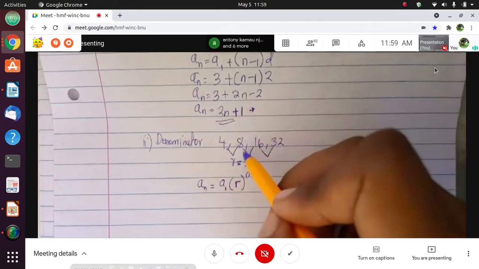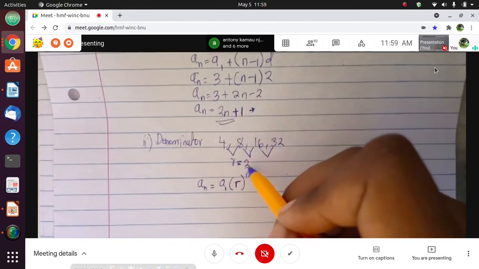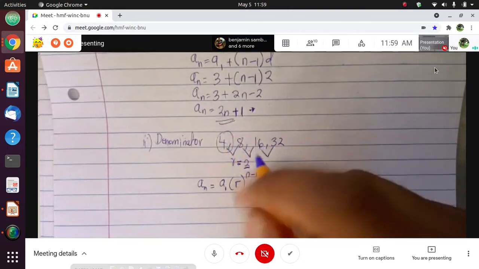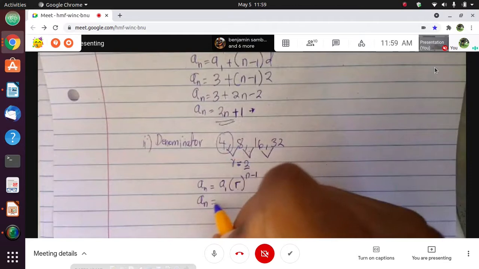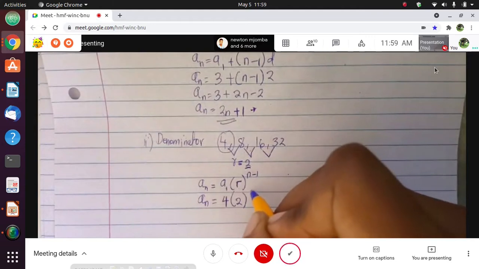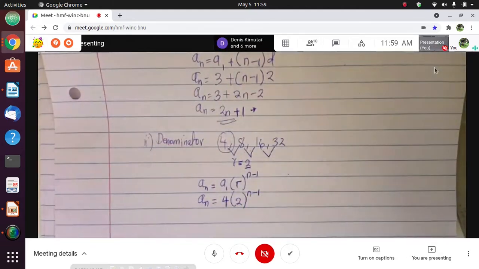In this sequence, the common ratio is 2 and the first term is 4. Therefore, the general equation for this sequence is 4 multiplied by the common ratio 2 raised to n minus 1. Are we together?